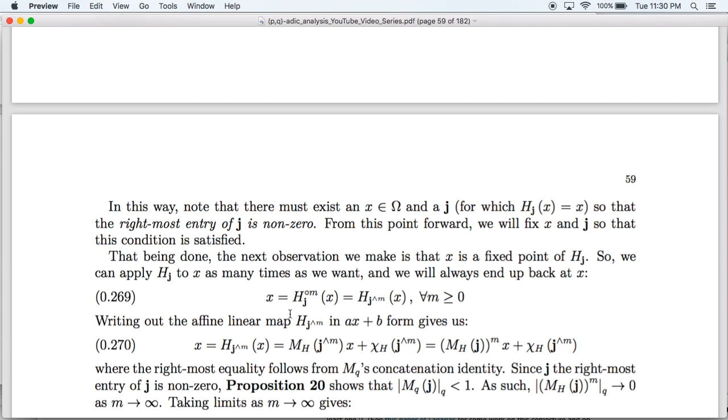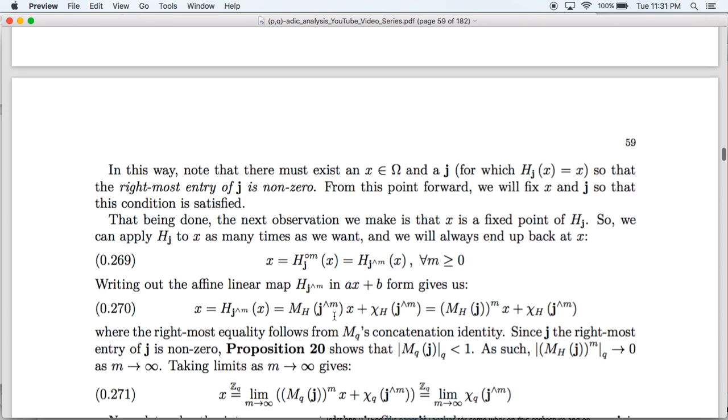So x is equal to H_bold J composed m times applied to x, which is the same thing as H_bold J to the power m applied to x. Now we just write out the affine linear map in full using the two different ax plus b forms.